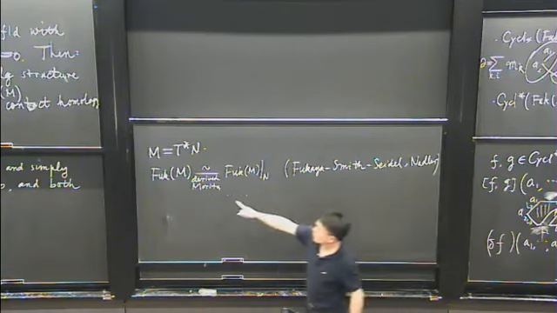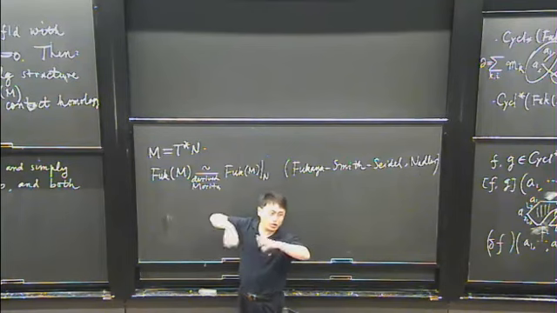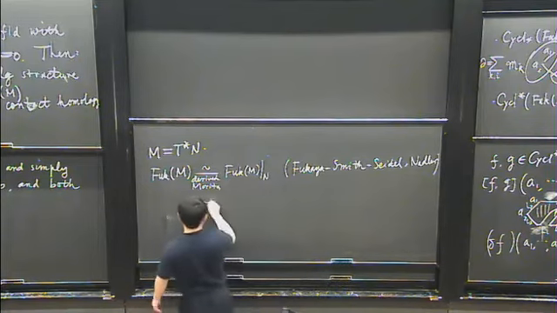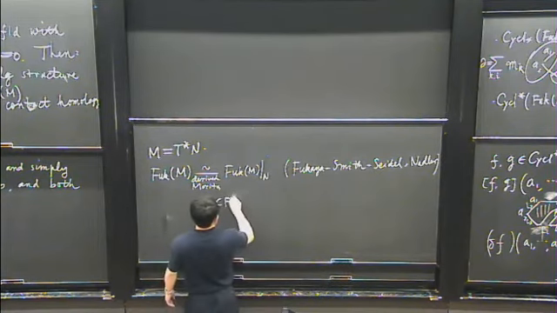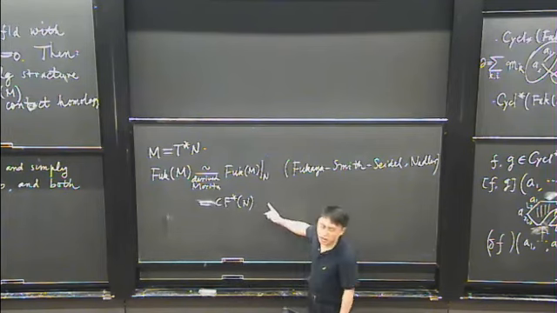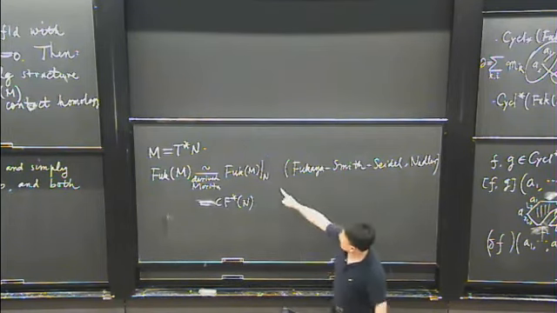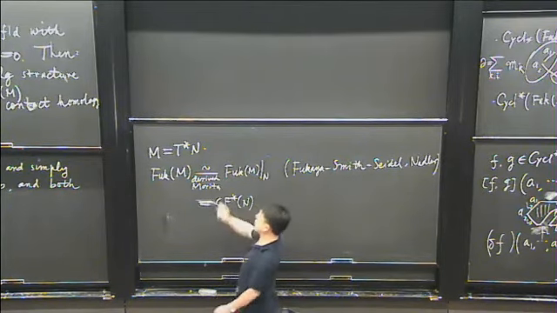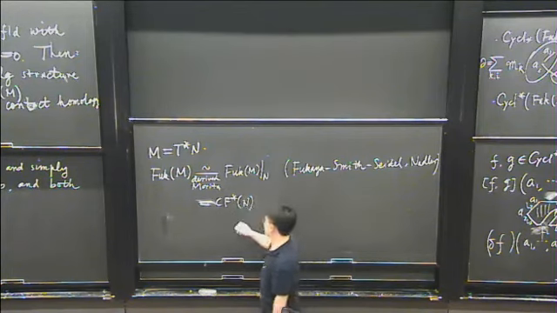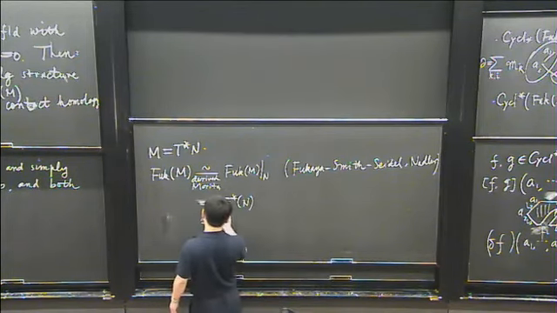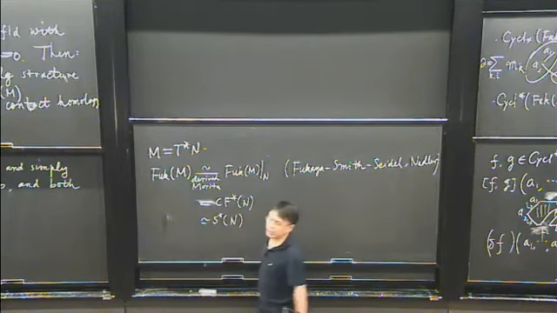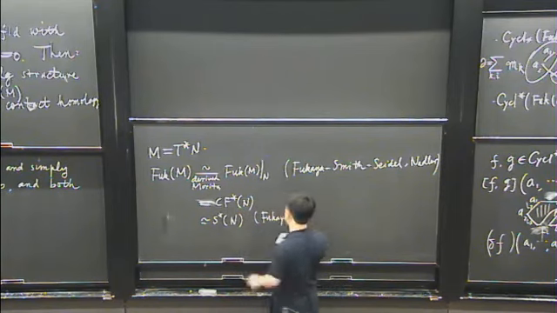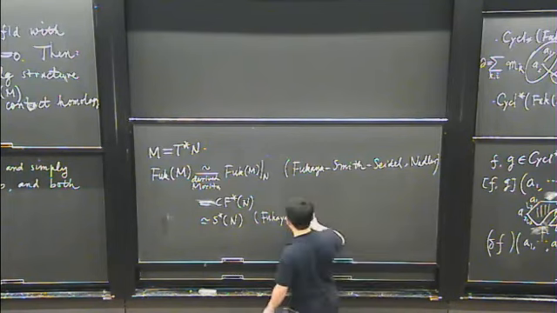So now the whole Fukaya category is quasi-isomorphic, in the derived sense, to the Floer chain complex of N. So this is a derived Morita equivalence. And now we know that this is quasi-isomorphic to the singular chain complex of N. This is a result of Fukaya. Well, if we use Seidel's setting, this is also proved by Abouzaid.